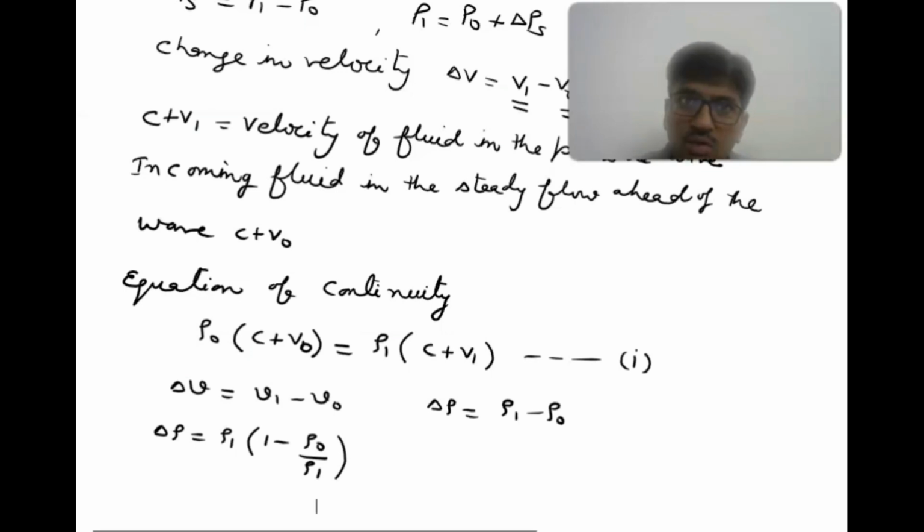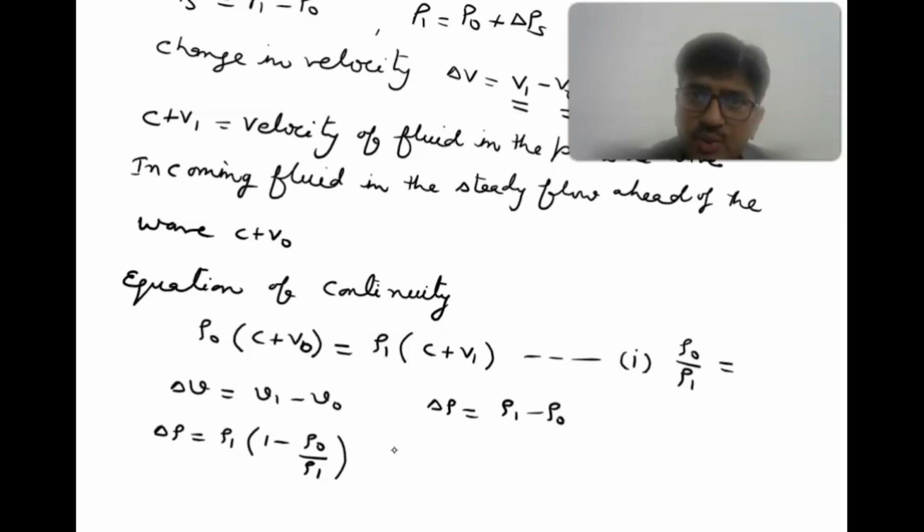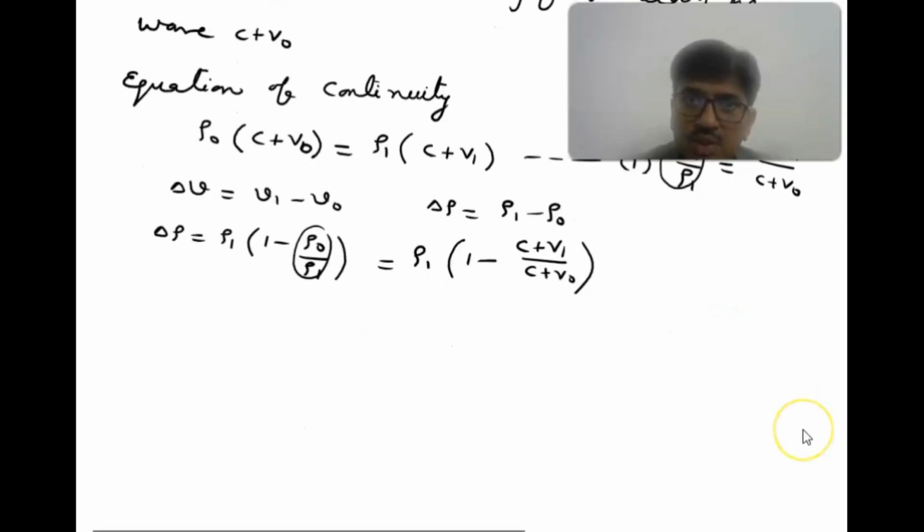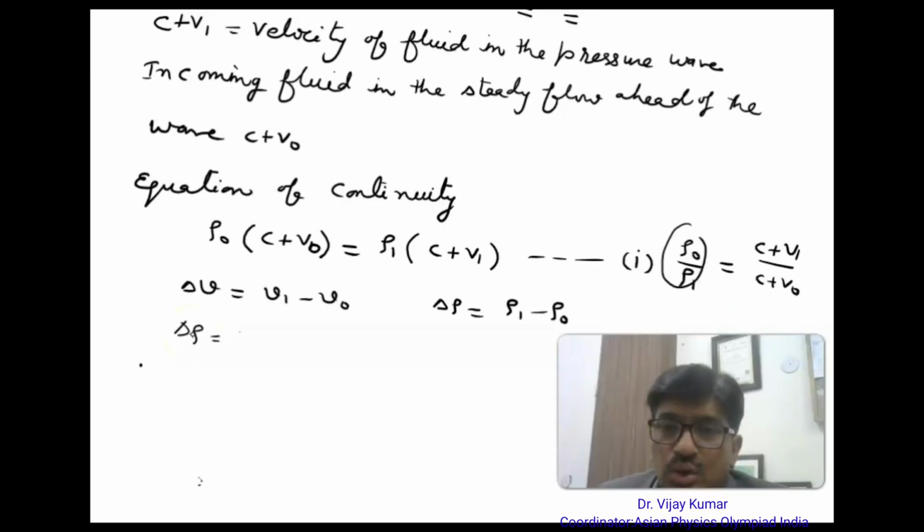From equation 1, rho naught upon rho 1 is C plus V1 upon C plus V naught, and we can put this value in this term.